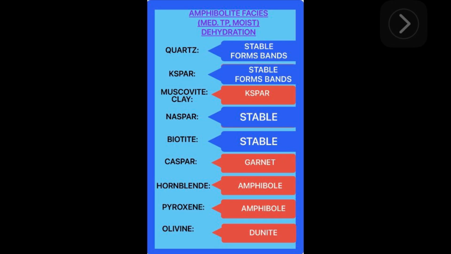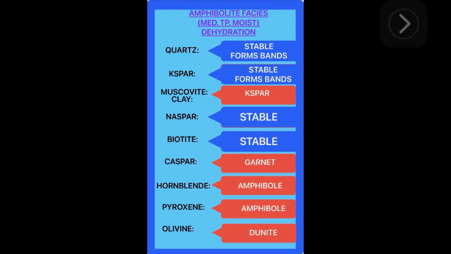Here you start seeing a lot of garnet, mainly almandine, and it can form from several minerals, mainly calcium-rich feldspar. Hornblende is one of the few hydrous minerals that's stable at Amphibolite facies metamorphism. Hornblende is a kind of amphibole, and amphibole gives its name to this facies of metamorphism.